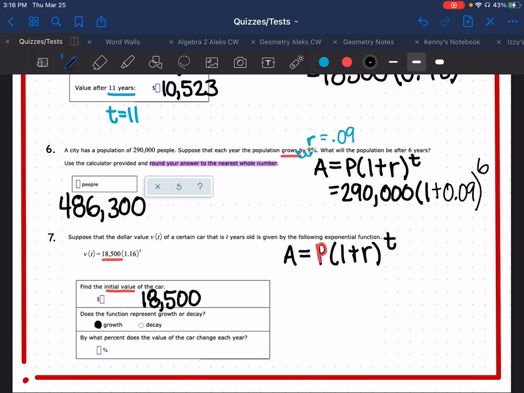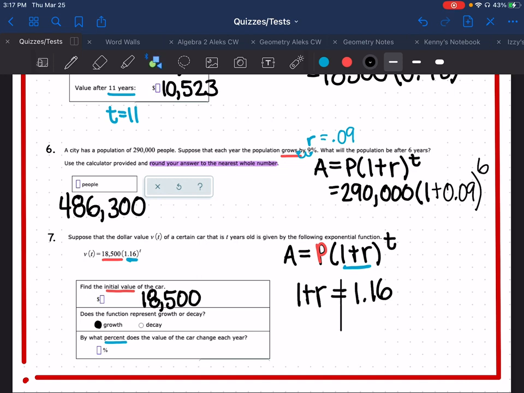And so to find the percent that it changes, I'm going to take this part right here, and this is going to help me find my percent. So what I'm going to do is put these two blue parts equal to each other. So 1 plus R is equal to 1.16. Okay, I'm going to think of this as an equation.